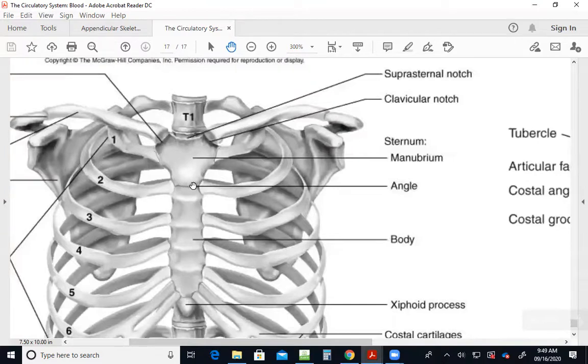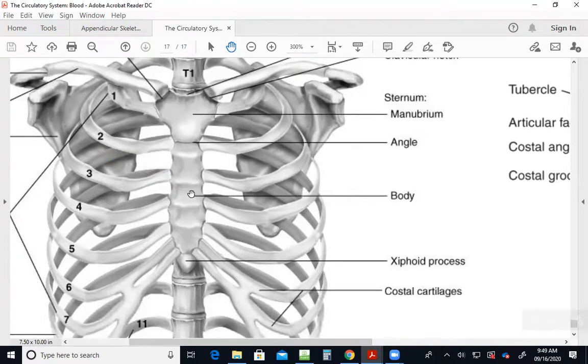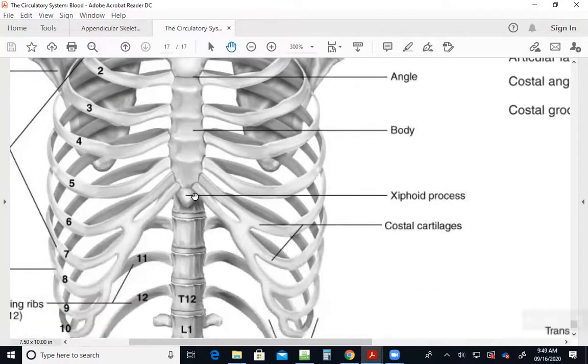Coming across between the manubrium and the body is an angle. Highlight that, just a line basically. The body I already talked about. The xiphoid process is a kind of point that comes off of your sternum and is an attachment site for muscles of your abs. Something that you want to avoid pushing on if you're giving someone CPR.